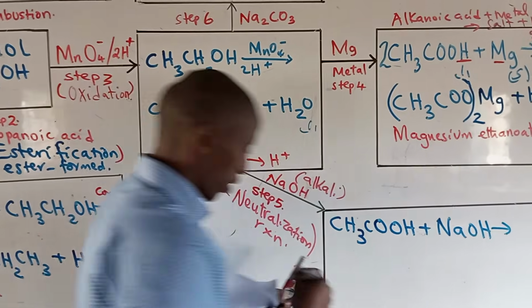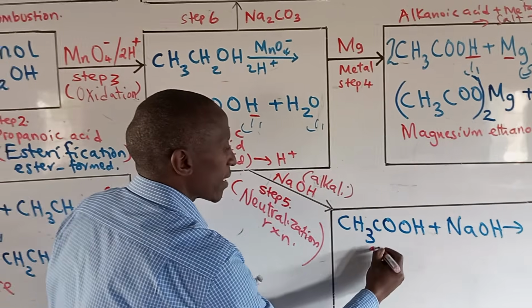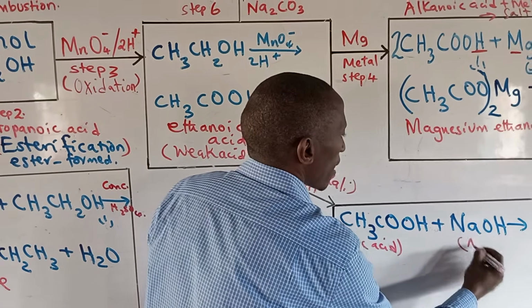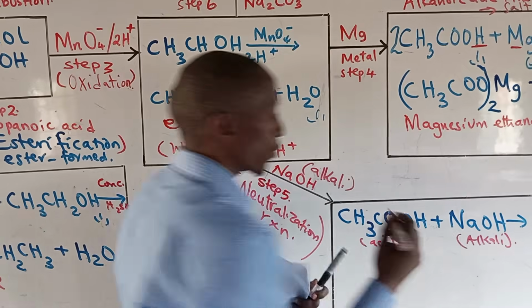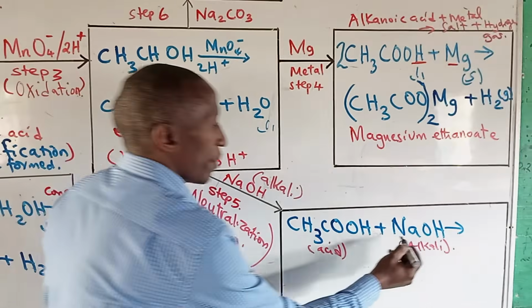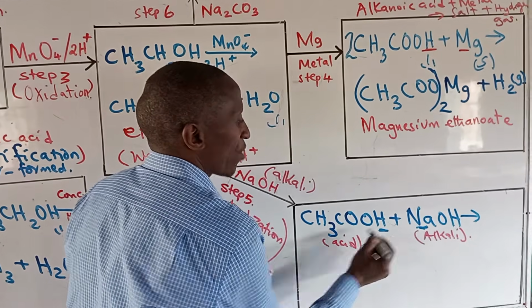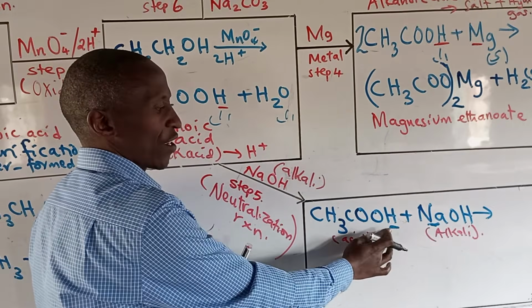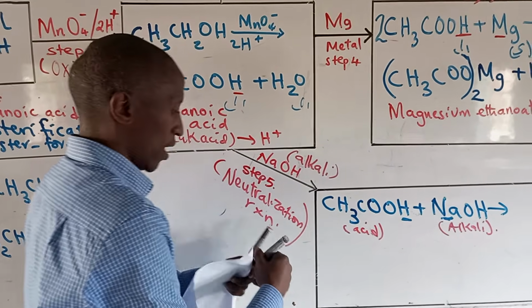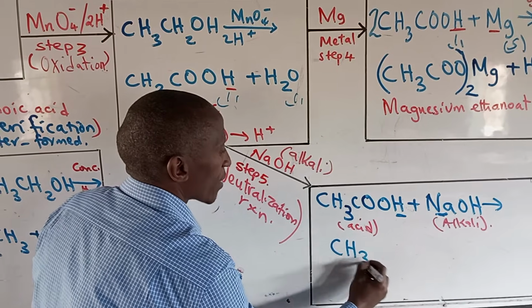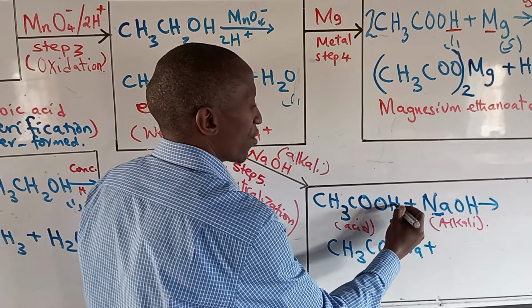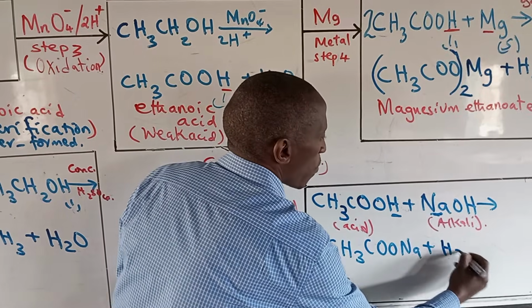So viewers, this is going to represent the acid part, and this is going to represent the alkali. And as we had mentioned earlier, sodium, being more reactive than hydrogen, displaces hydrogen from the acid. And what do we get? We get the compound CH3COONa, plus the hydrogen and the OH combine to form water.